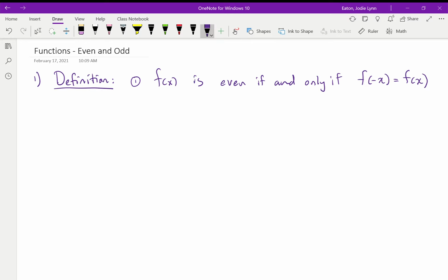For all x in the domain of f of x. So it doesn't necessarily need to cover the whole real number plane as long as f of minus x equals f of x.